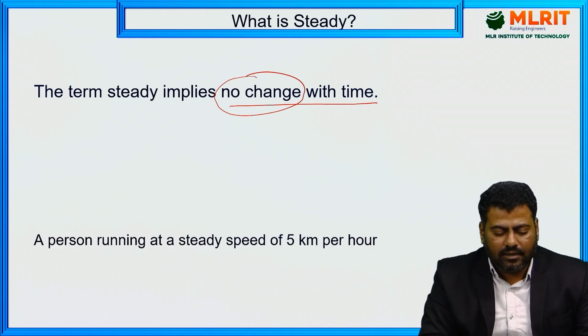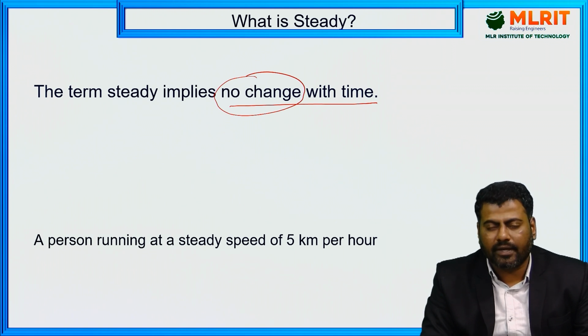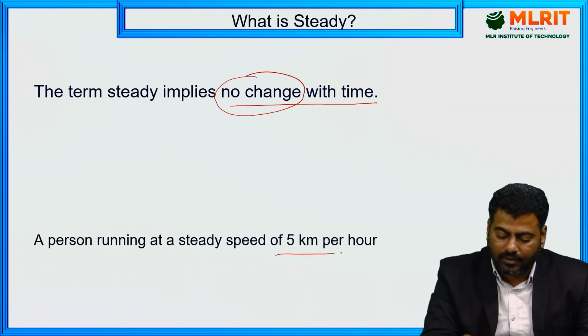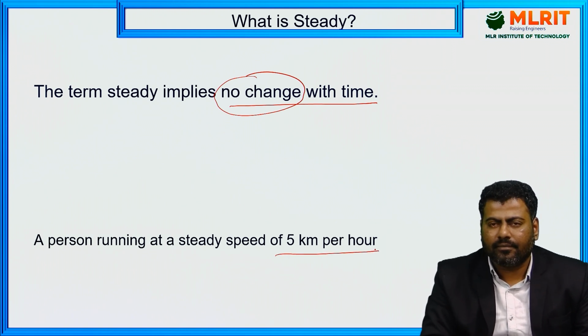See, we can say a person is running at a steady speed of 5 km per hour. This might be the average one. During 10 minutes, he might have run at 6 km per hour, and after 10 minutes, he might have run at 4 kilometers per hour. So the average we call 5 km per hour.